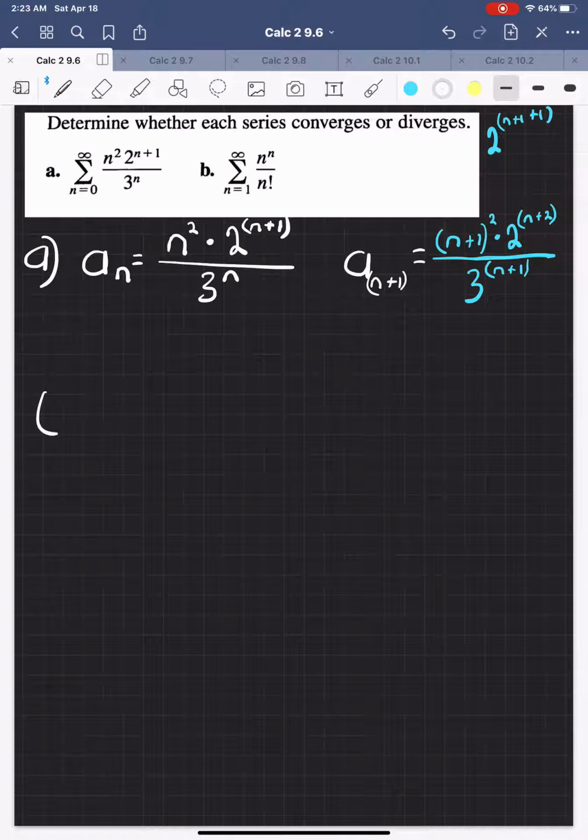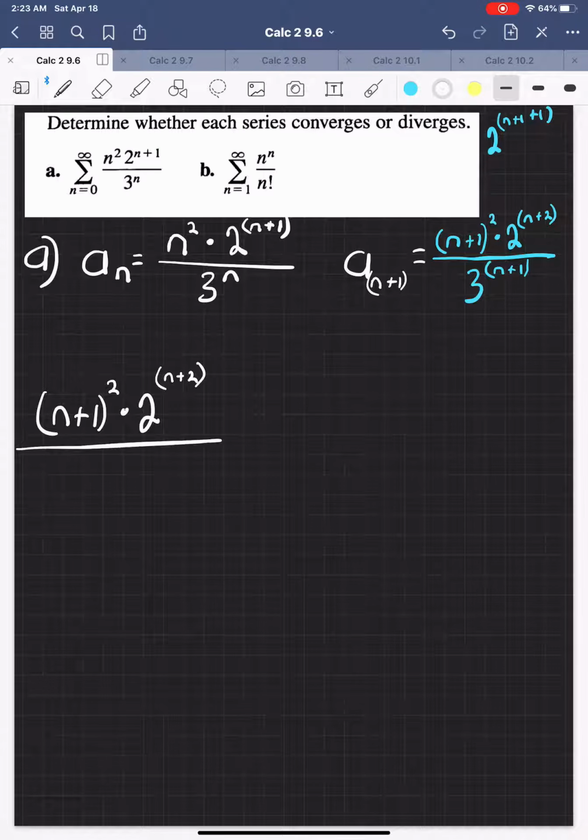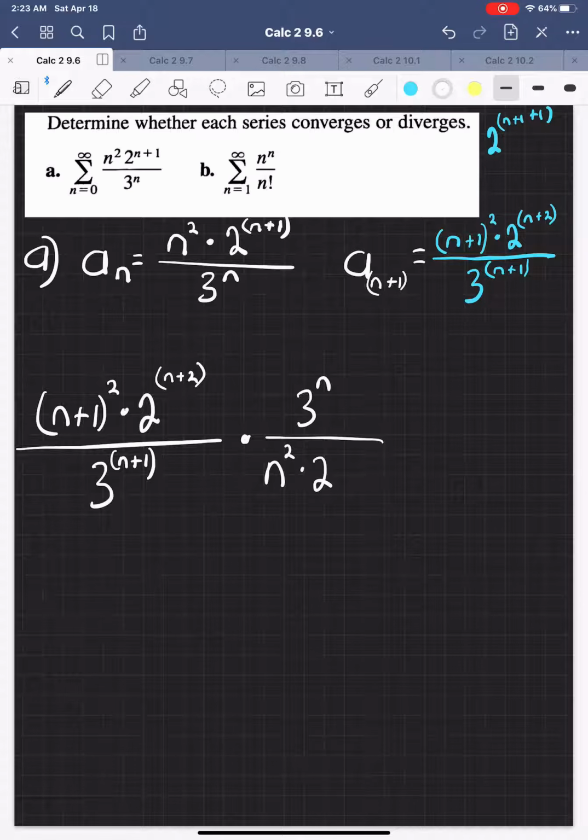So this would be n plus 1 squared multiplied by 2 to the power of n plus 2 over 3 to the power of n plus 1. Now, I'm going to flip and multiply, so this is times 3 to the power of n over n squared times 2 to the power of n plus 1.